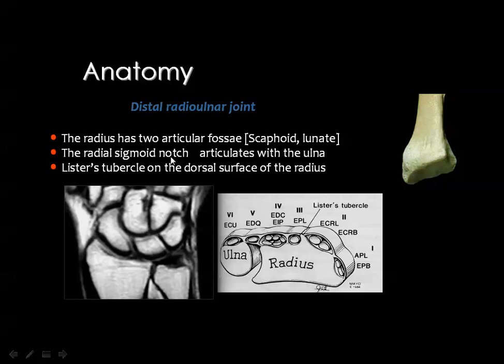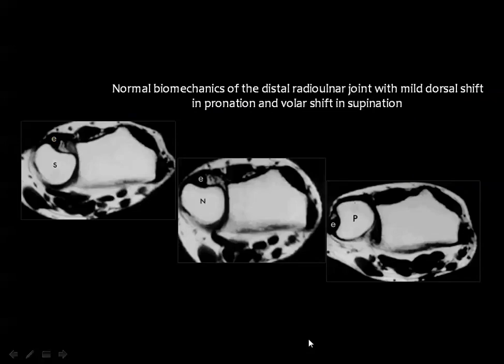Anyone who palpates the dorsum of the wrist will feel this bony projection, which is known as Lister's tubercle, on the dorsal surface of the radius. This tubercle is important in anatomy because it is considered an anatomic landmark for this tendon and these tendons as well. I will discuss this in a moment.